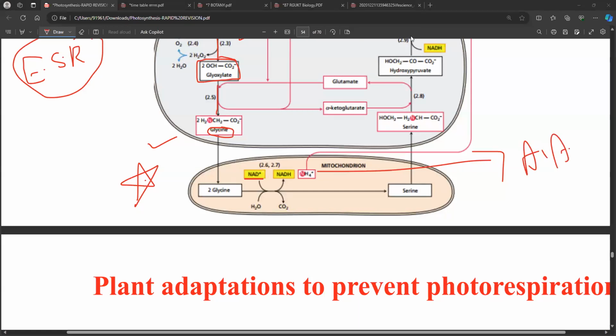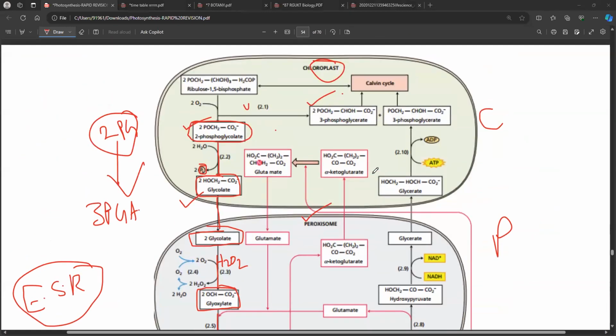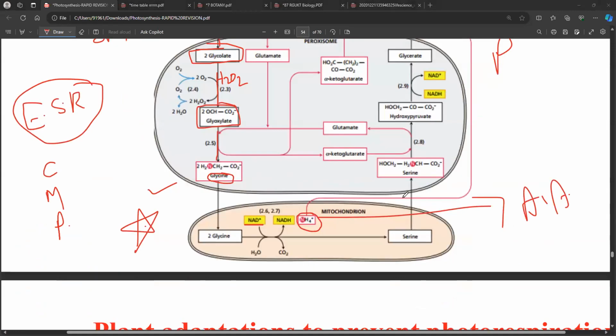My question is, the ammonium is getting fixed in the chloroplast, mitochondria, or peroxisome? Wonderful. Very good, Swati. It is getting fixed again in the chloroplast, because ammonium assimilation happens in the chloroplast.